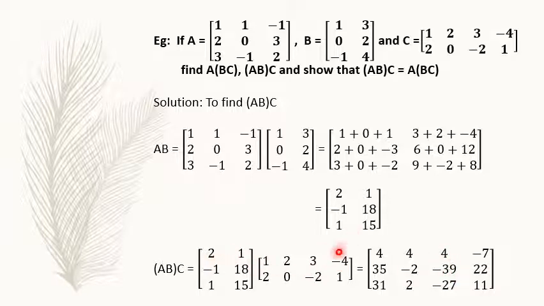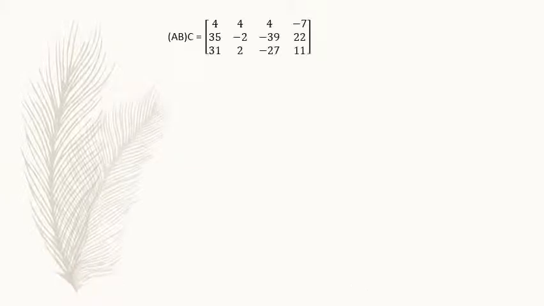Second row, fourth column gives 22. Similarly, we need to multiply the third row with each column and we will get the third row here. So, we get (AB)C. This is the matrix, a 3 by 4 matrix.